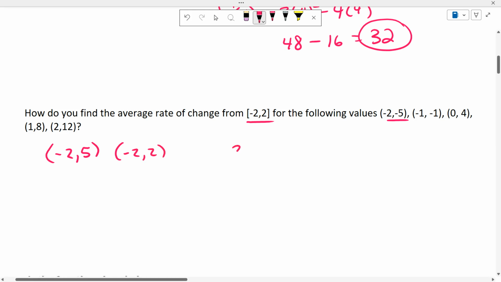So it'd be 2 minus 5 over negative 2 minus the negative 2. Oh, it's negative 5. So it's 7 over 0, which is undefined.